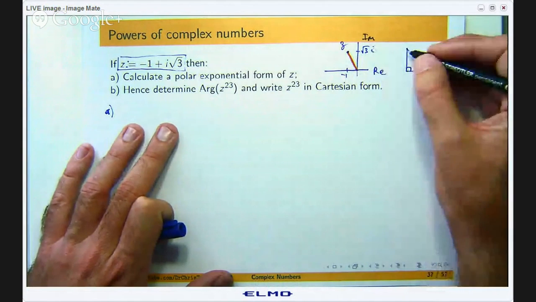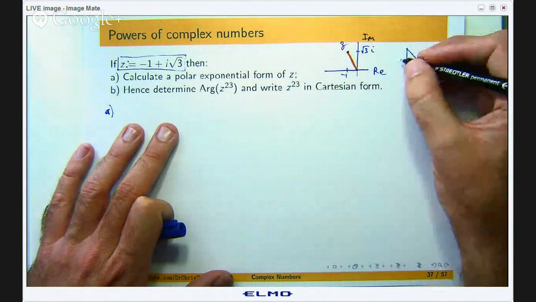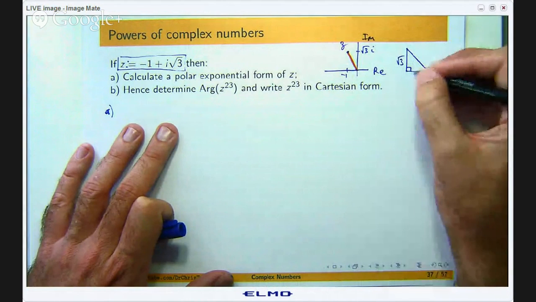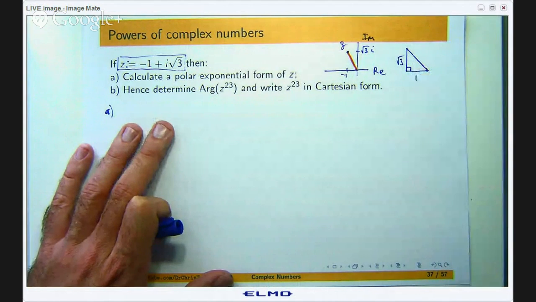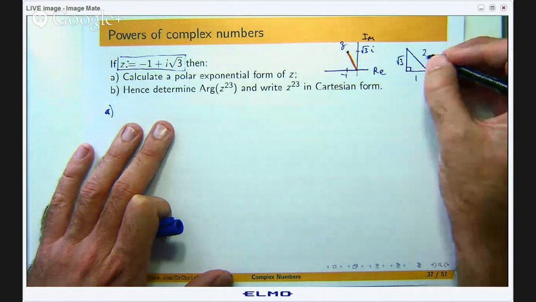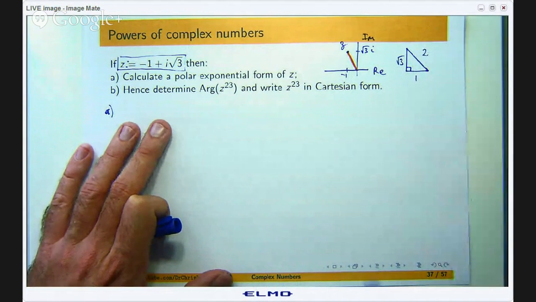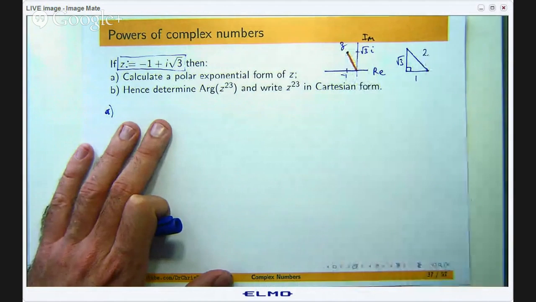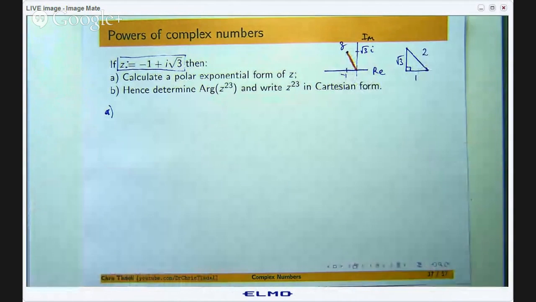You've got a vertical side of root 3, you've got a horizontal side of 1, and by Pythagoras you know that the hypotenuse must be 2. So we know that the length here, the r, should be 2 units just by drawing a simple little triangle.